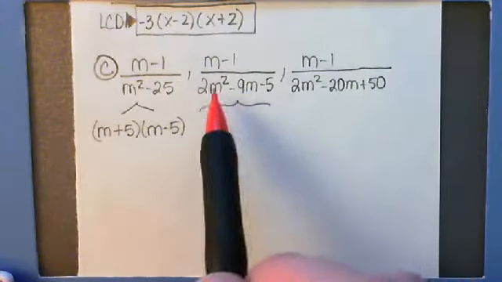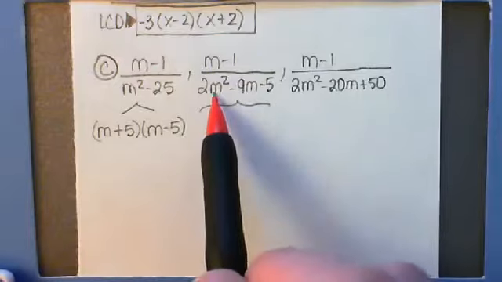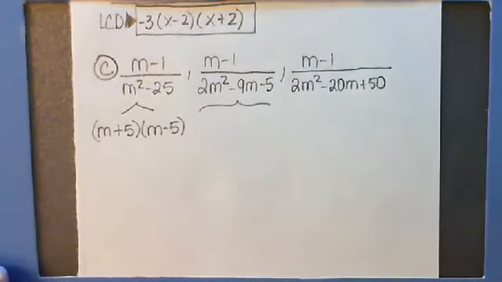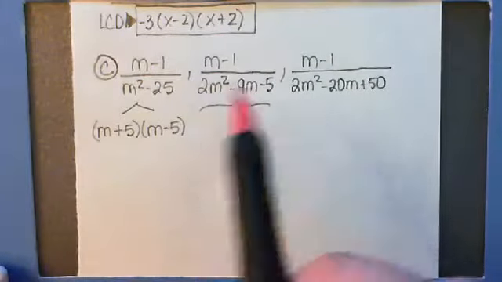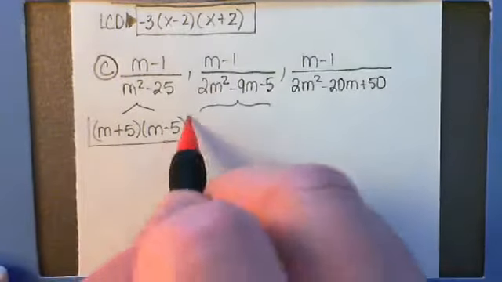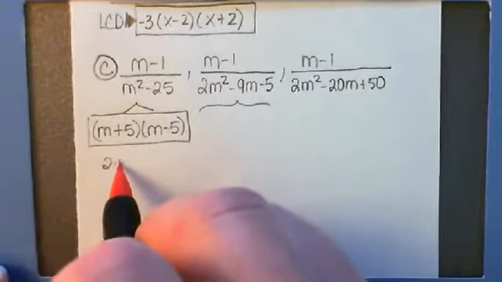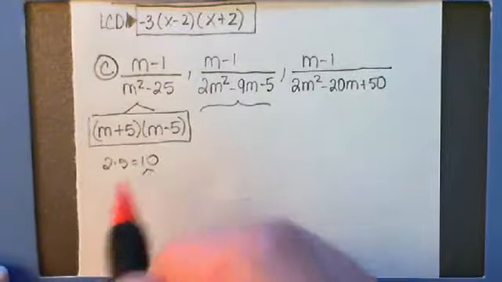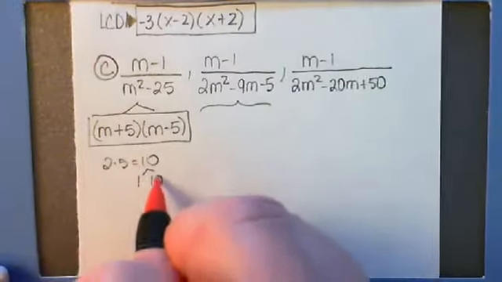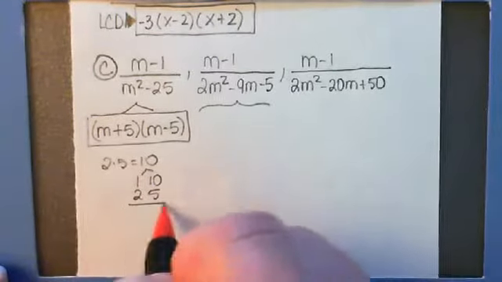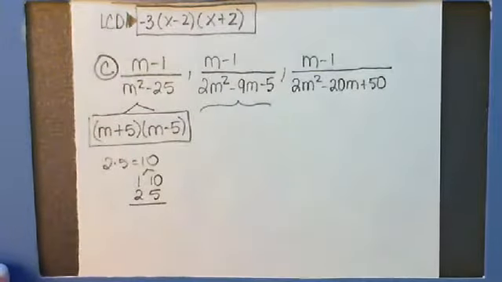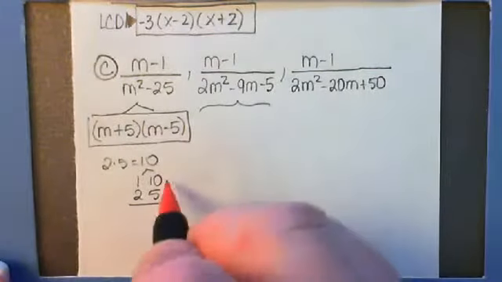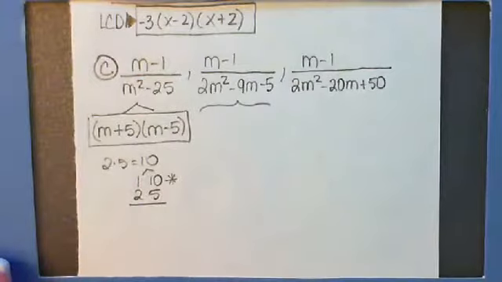If I notice the first and the last, they're not perfect squares, so I cannot use special factors. So basically I have to do 2 times 5. Do here on the side here. 2 times 5 is 10. Which numbers give me 10? 1 and 10, 2 and 5. And I'm looking for something that gives me a 9. And I notice that 1 and 10 will give me a 9.